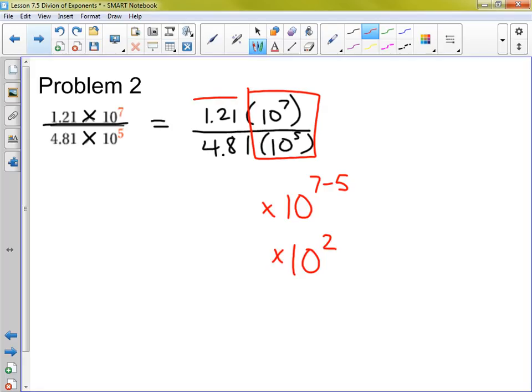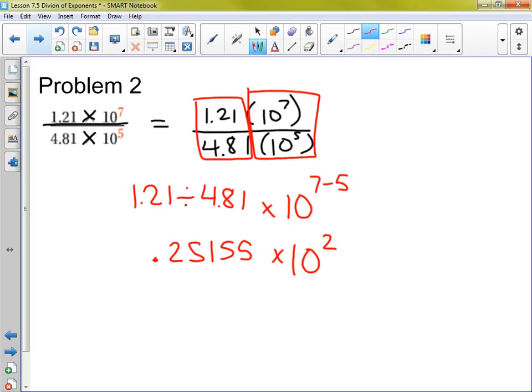Then I'm going to take the first part of the problem, the first part of the scientific notation numbers, and I'm going to divide 1.21 divided by 4.81. And if I pull out my calculator and divide 1.21 divided by 4.81, I get 0.25155 and then more digits.